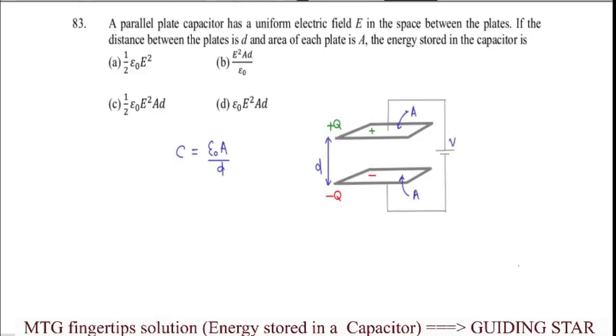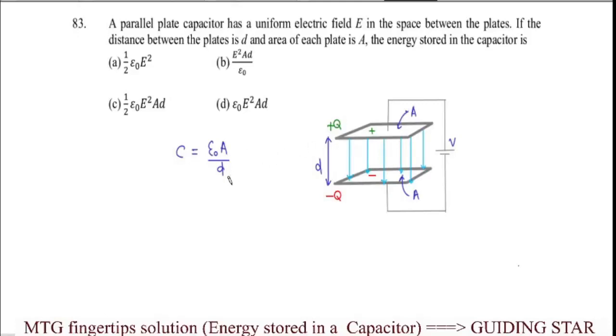So here, the electric field will be in between the plates of the capacitor. This is how it looks. Clear? So what is the magnitude of this electric field?